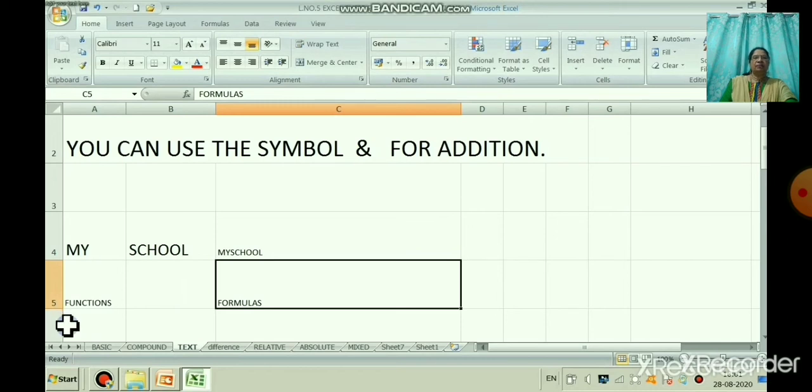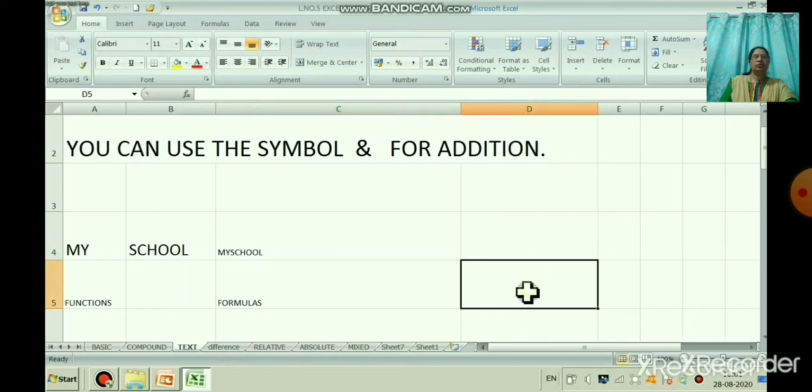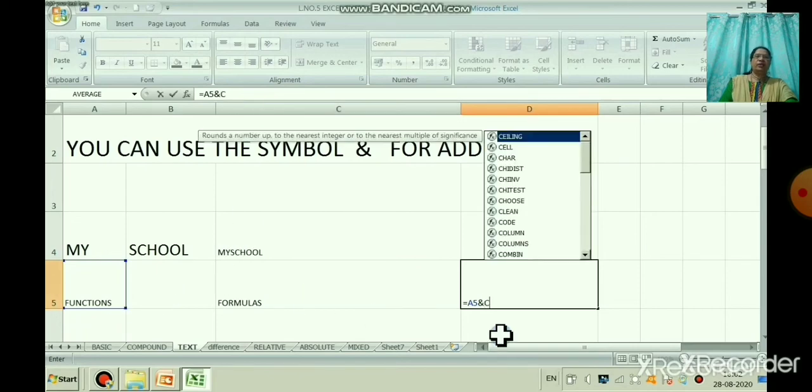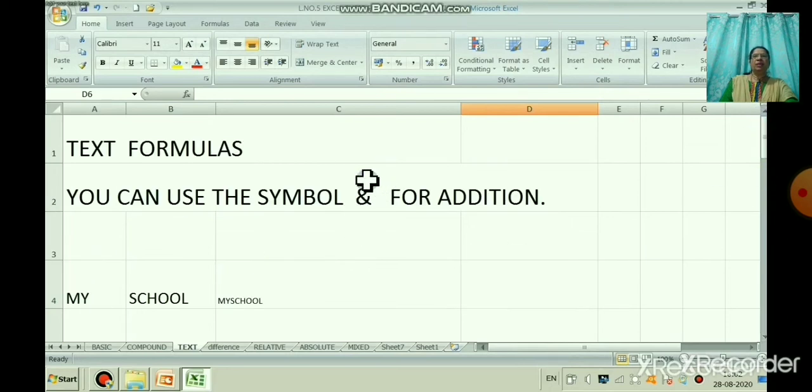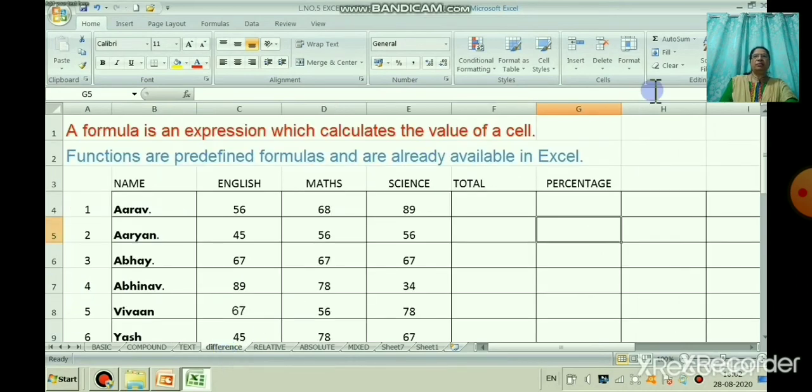In the next cell, where you want to add, you can add it by using the equal to sign, A5, the AND operator, and C5, and press the enter key, you will get "functions and formulas". So addition on string data type means placing one value after another. Is it clear, children?